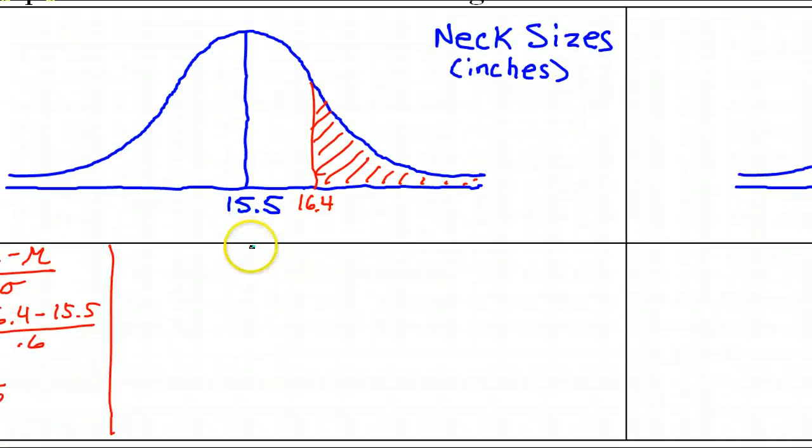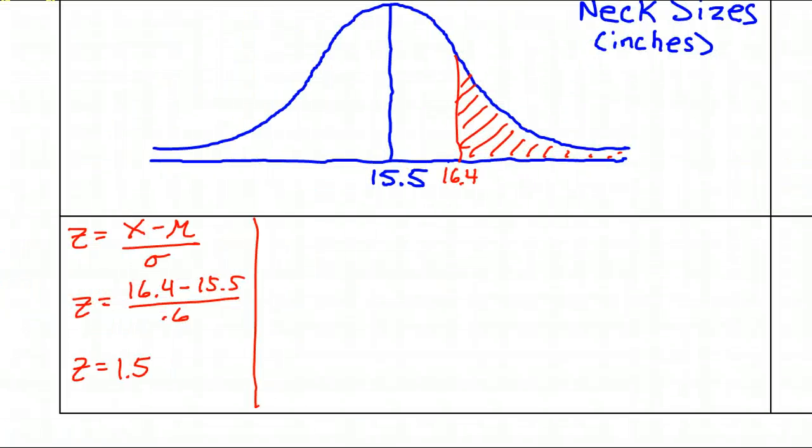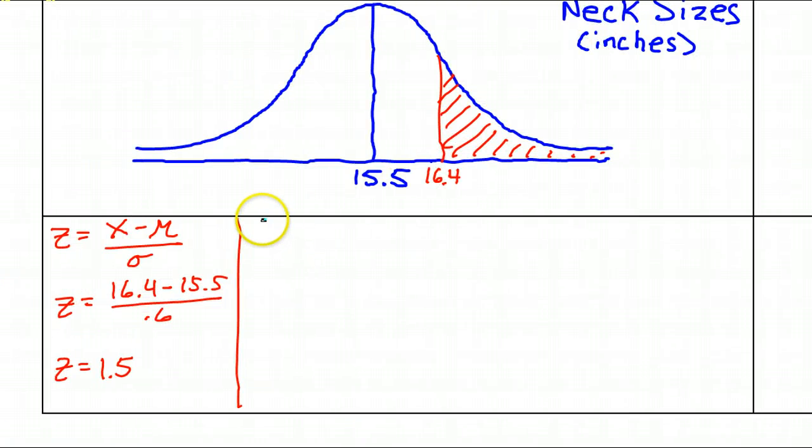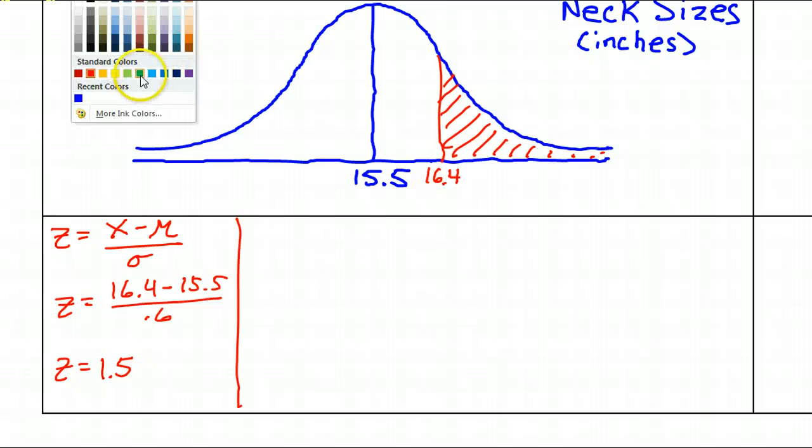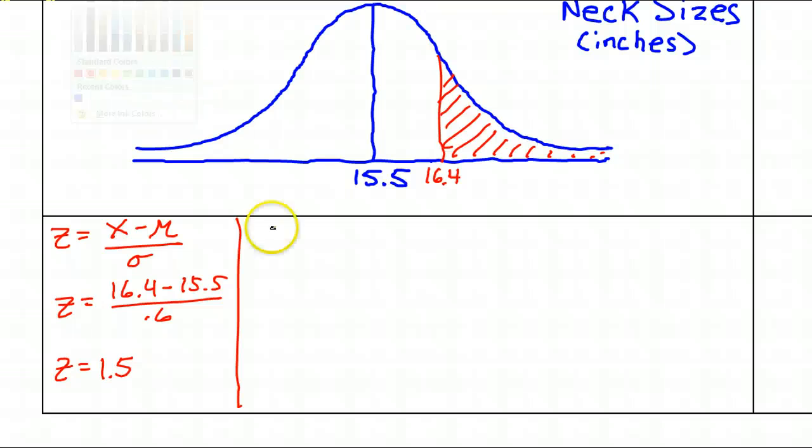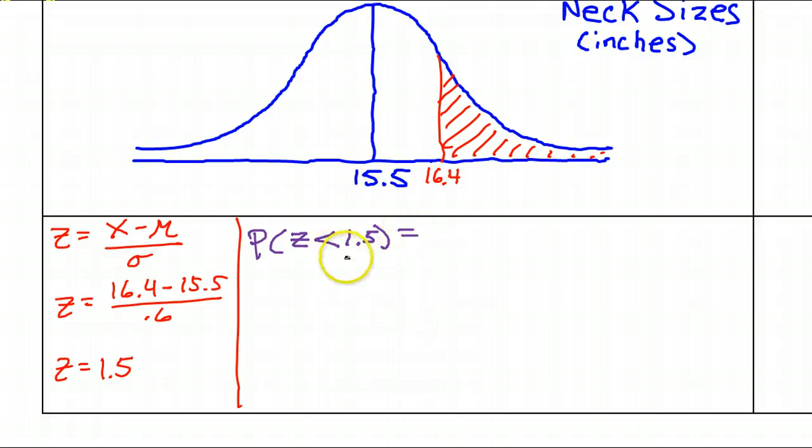So the first thing you have to find, even though it's not really what you're looking for, is the probability that a z-score is less than 1.5, because that's all the chart is going to give you. So let's find that first.